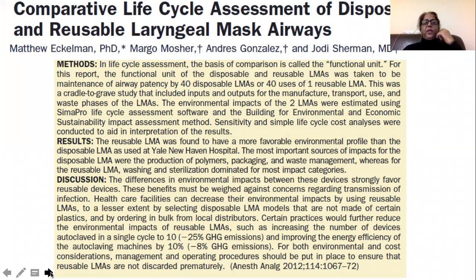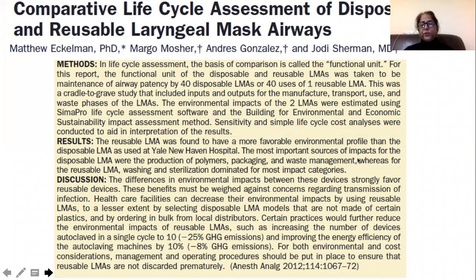The comparative life cycle assessment of disposable and reusable laryngeal mask airways was calculated by Eckelman et al. And they found that the reusable LMAs had a more favorable environmental profile than the disposable LMAs as used at that hospital.